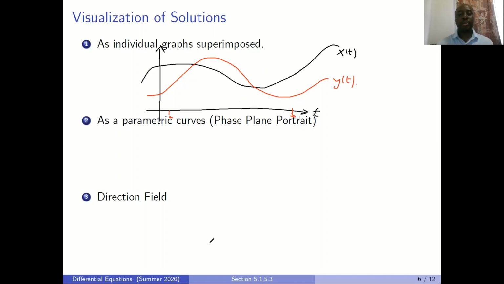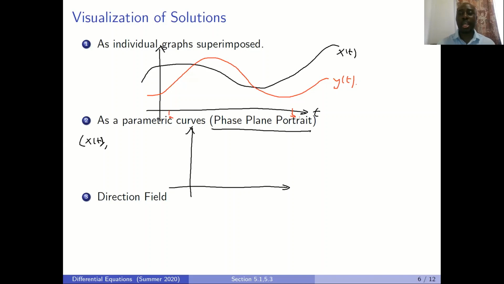Okay. And if you want to get a more long-term view of your solutions, you can use what is called a phase plane portrait. And this is nothing crazy. All that you're going to do is plot the curve that is defined by your solutions as parametric equations.